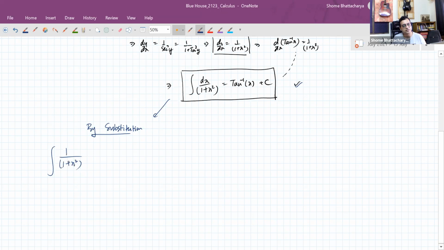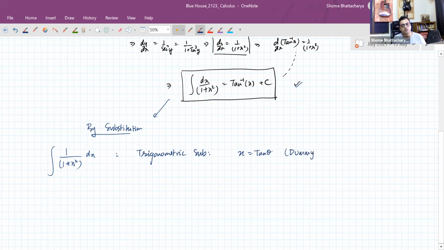In the integration of 1 upon 1 plus x square dx, we use a trigonometric substitution, wherein we substitute x as tan theta. So this is our dummy variable.